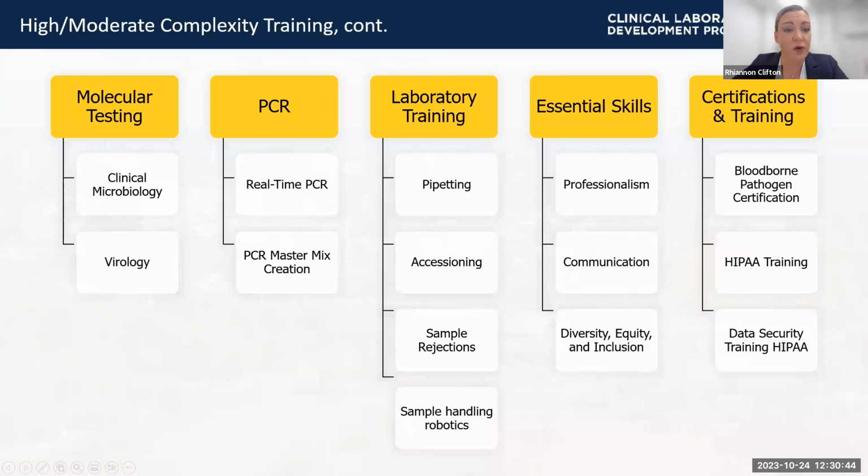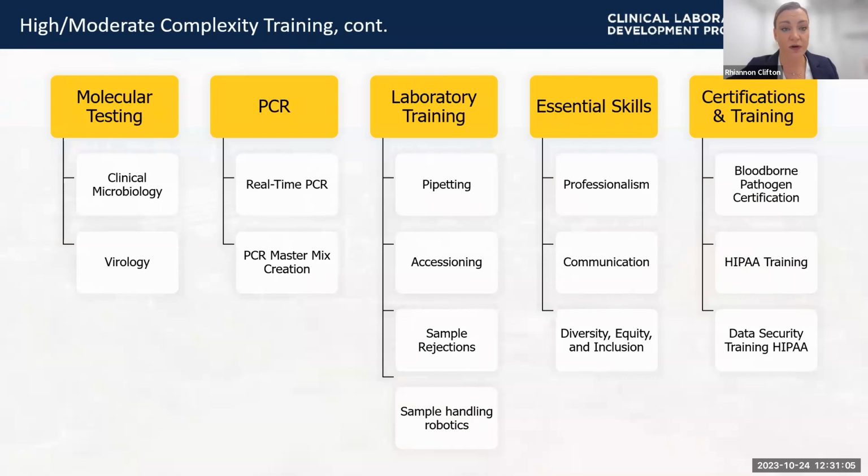Here's just a little bit more about the modules that they'll be doing, both in the molecular testing, PCR, the laboratory training in things like pipetting and accessioning, rejections, sample handling, robotics, things like that, as well as the certifications and training that they'll come out with.